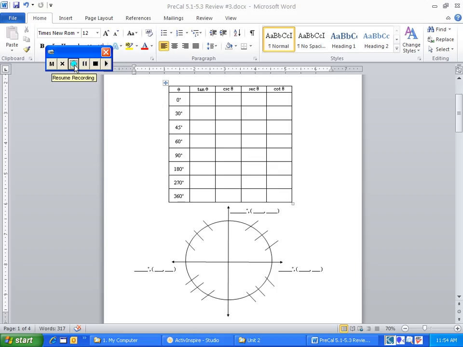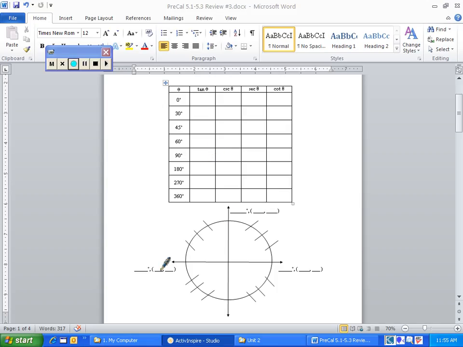Okay, so for 0, the answers for 0 will be exactly the same as the answers for 360. So the tangent of 0 is going to be y over x. So y over x in this case would be 0 over 1, which means the tangent of 0 is 0. Also meaning that the tangent of 360 is 0. The tangent of 90 will be 1 over 0, which is undefined.